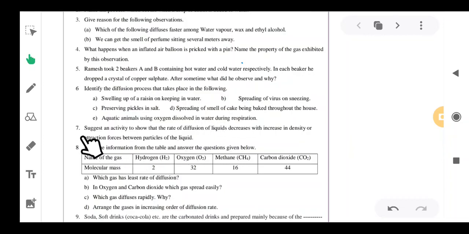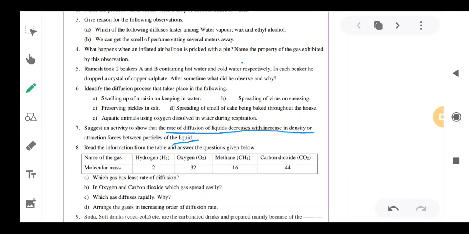Next, seventh one: suggest an activity to show that the rate of diffusion of liquids decreases with increase in density or attraction forces between particles of the liquid. In the third one also we discussed this: the rate of diffusion decreases with increasing density.